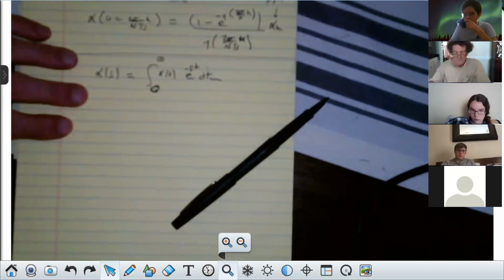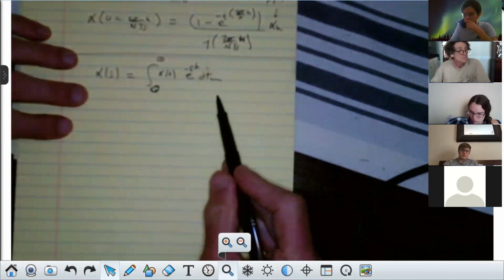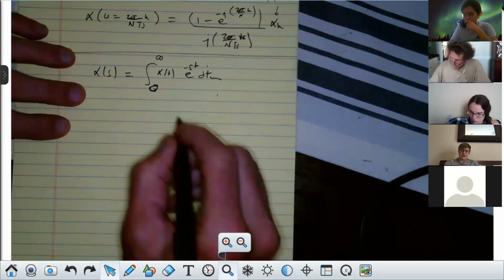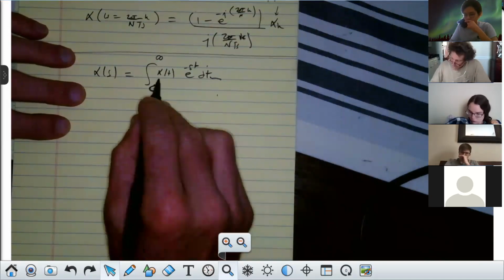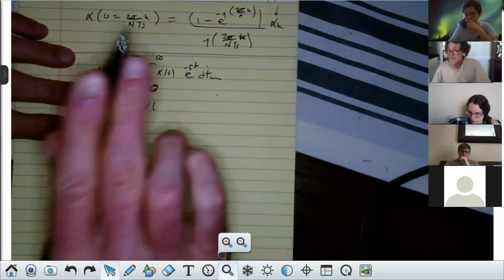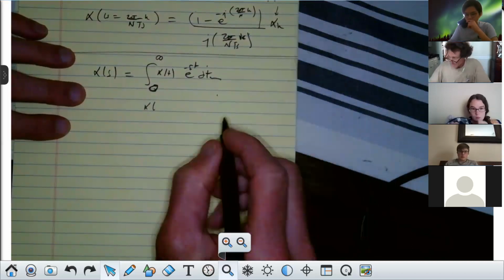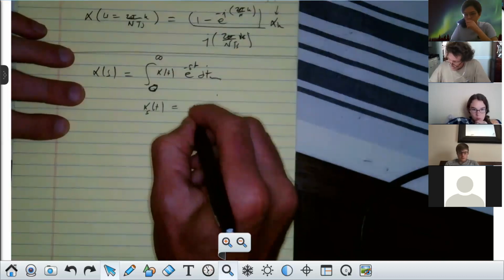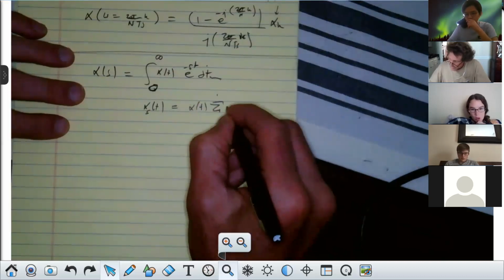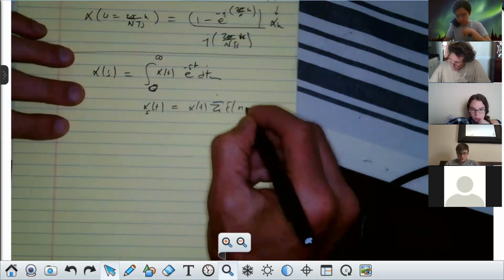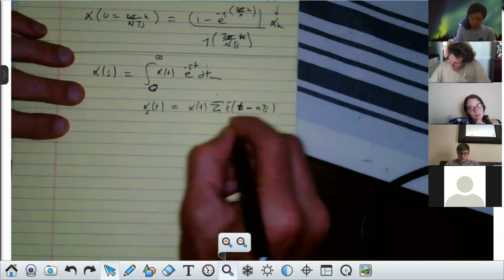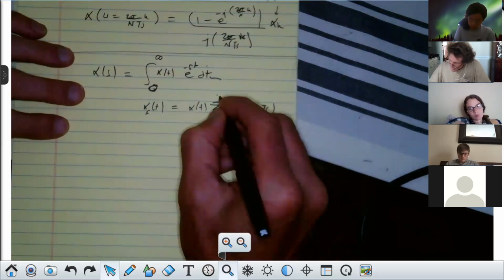This might be the wrong answer, but do you want to turn t into n times Ts? Almost right. That's exactly what's going to happen, but really what we do is say that now we're going to have x sampled of t equal to x of t times the summation of delta of t minus nTs, where n now goes just from 0 to infinity.